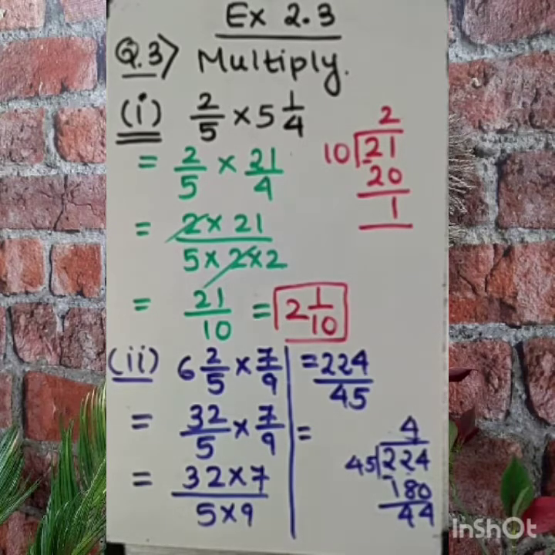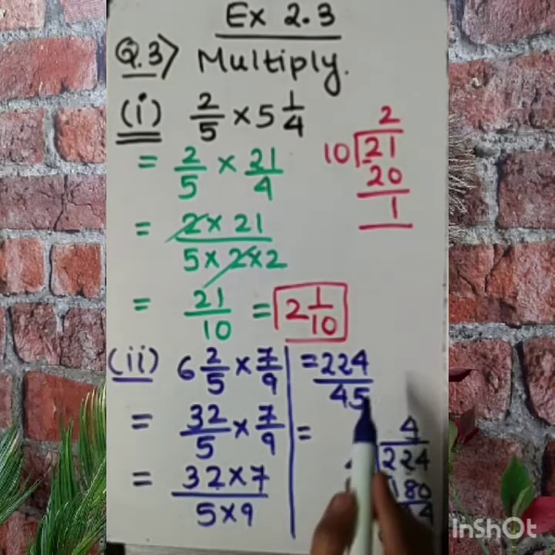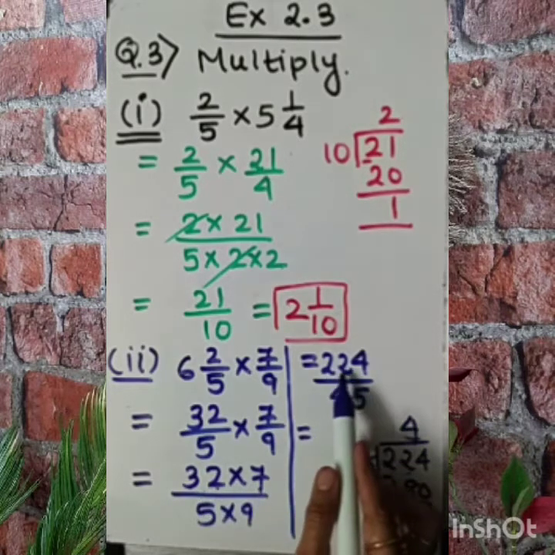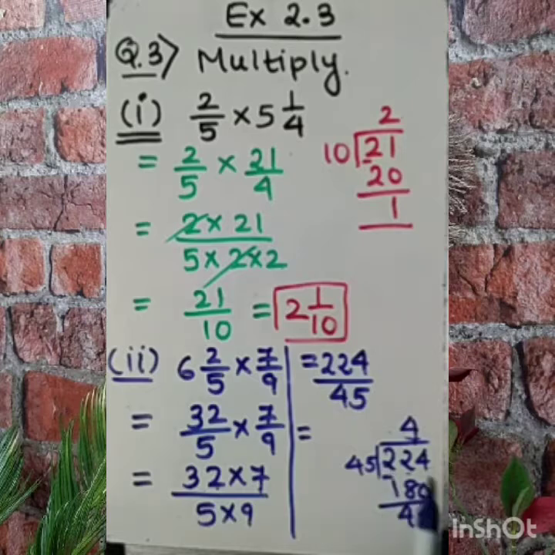So the answer is, if it is so, then we can cancel something. 7 2s are 14, 4, 1 carry over, 3 7s are 21 plus 2, 22, that is correct. 45 5s are 225, which is bigger than that.